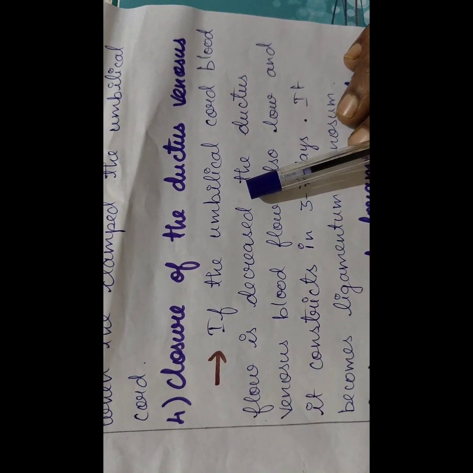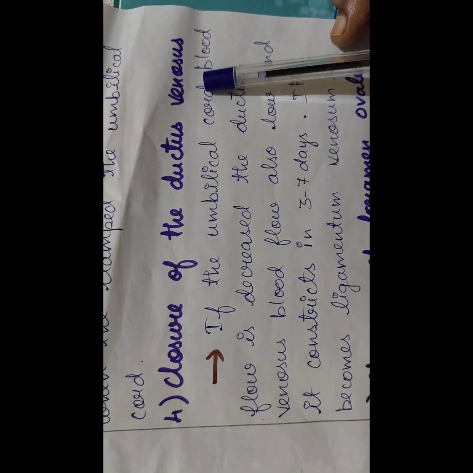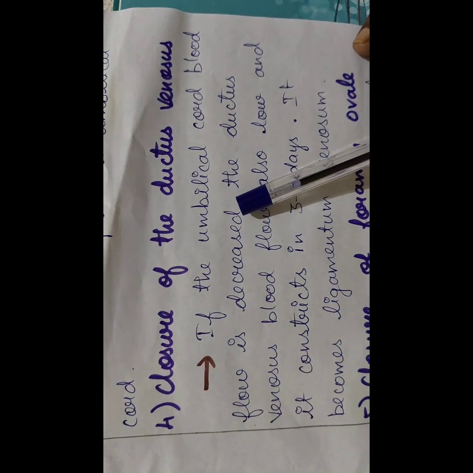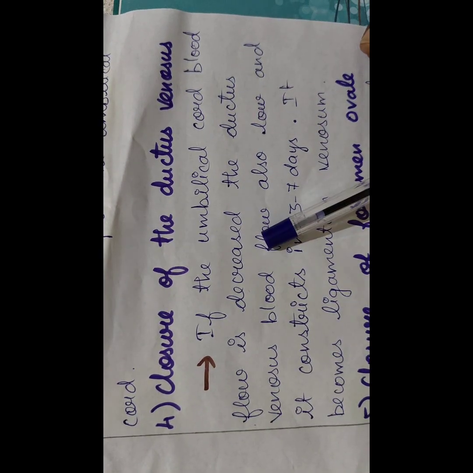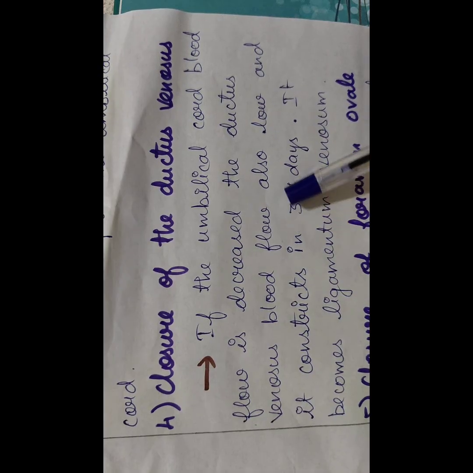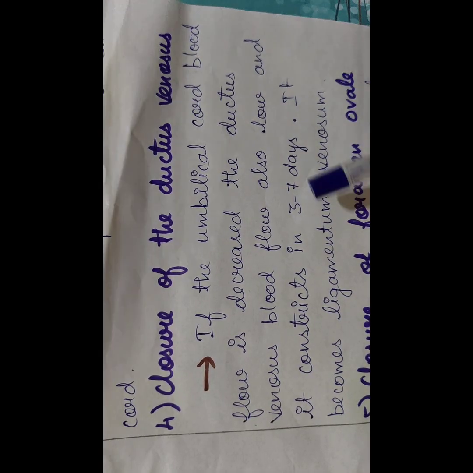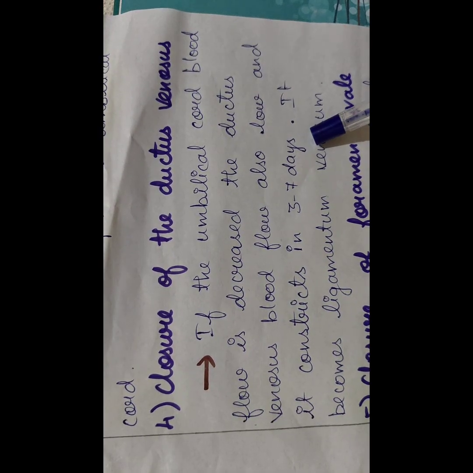Next is the closure of the ductus venosus. If the umbilical cord blood flow is decreased, the ductus venosus blood flow is also low, and it constricts in 3 to 7 days.